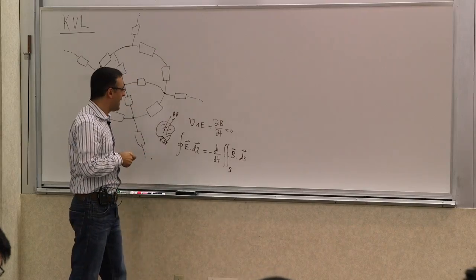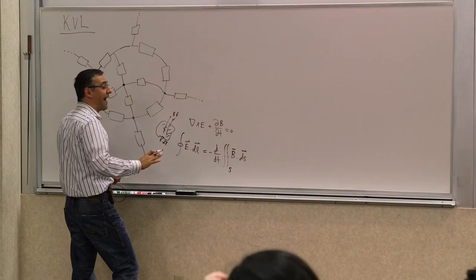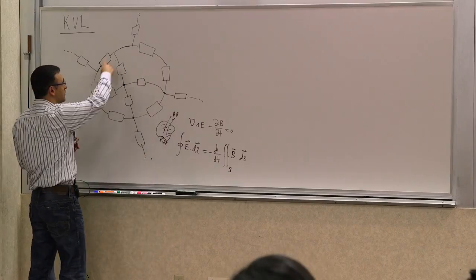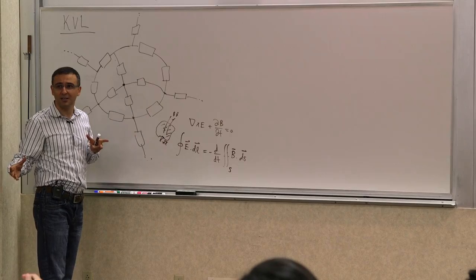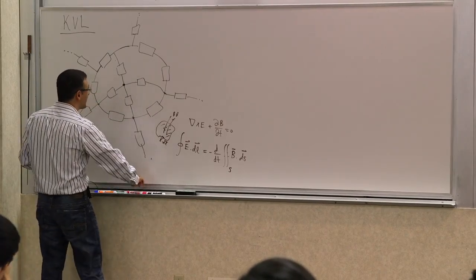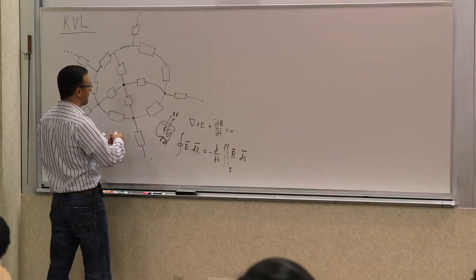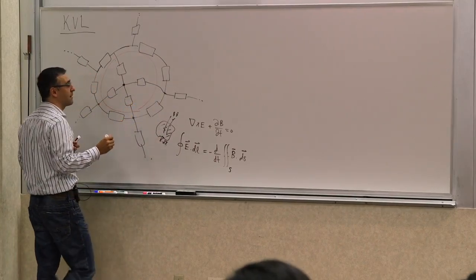Right? Now, the assumption is that if you do not have time varying magnetic flux through this loop, either the loop is too small to pick up any magnetic flux, or your magnetic field does not change, then what you can say is that you can pick any loop. I'll pick this loop, but you can pick other loops. It doesn't have to be a mesh.